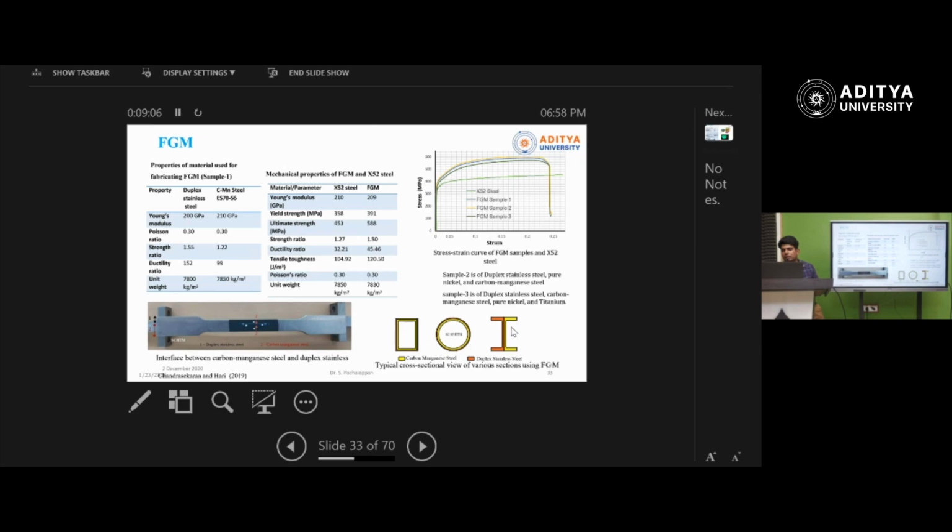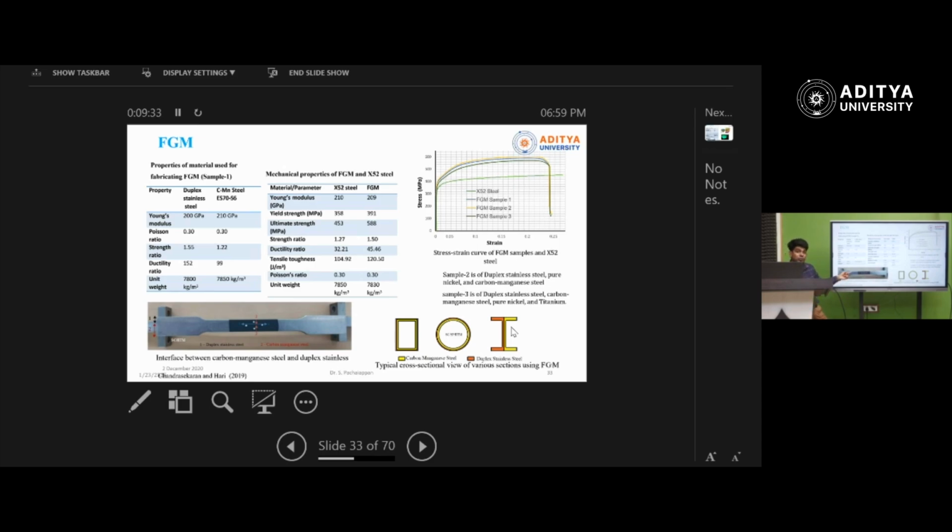And the third sample comprises duplex stainless steel, carbon manganese steel, pure nickel, and then titanium. So here nickel is used as a buffer material, because when you are fabricating one material over another material, sometimes it won't stick. It won't get any bonding. In order to make that bonding, we are introducing the buffer material, that is the nickel.